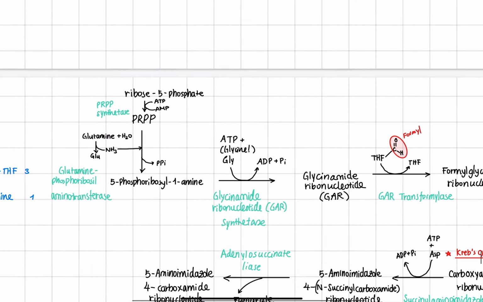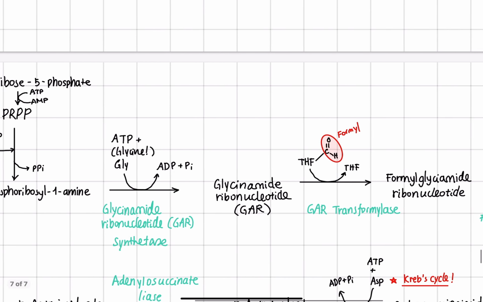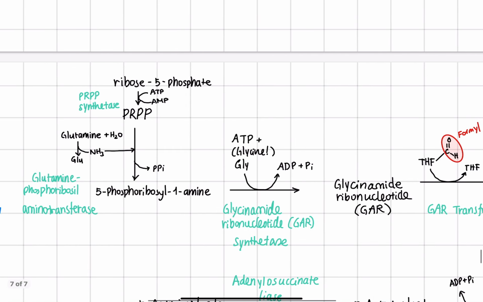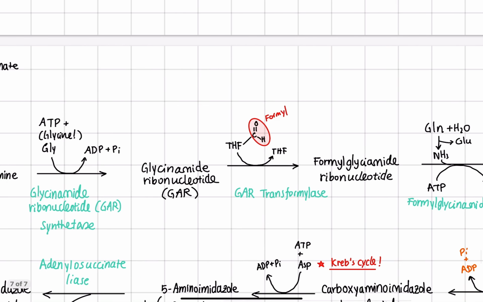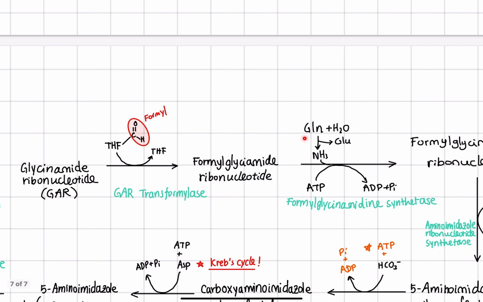And here's some general diagrams, right? Let's do a general review. You form PRPP. First, you add glutamine to PRPP to form phosphoribosylamine. And then second, you have a glycine. And you transfer a formyl group. And then you add another glutamine.